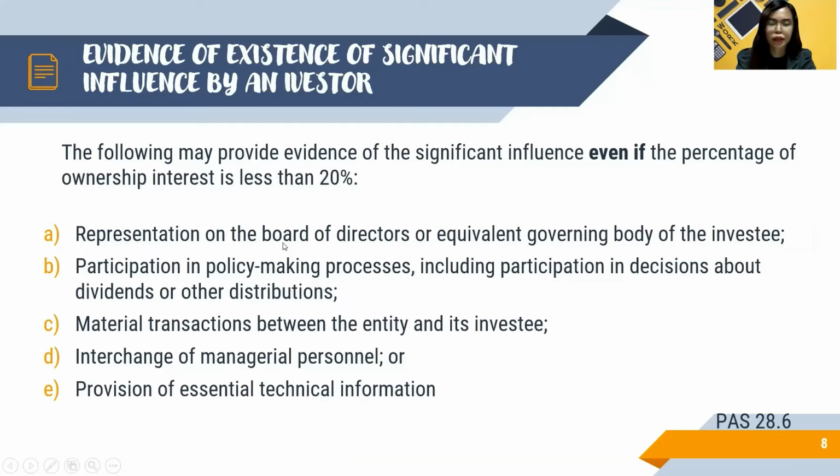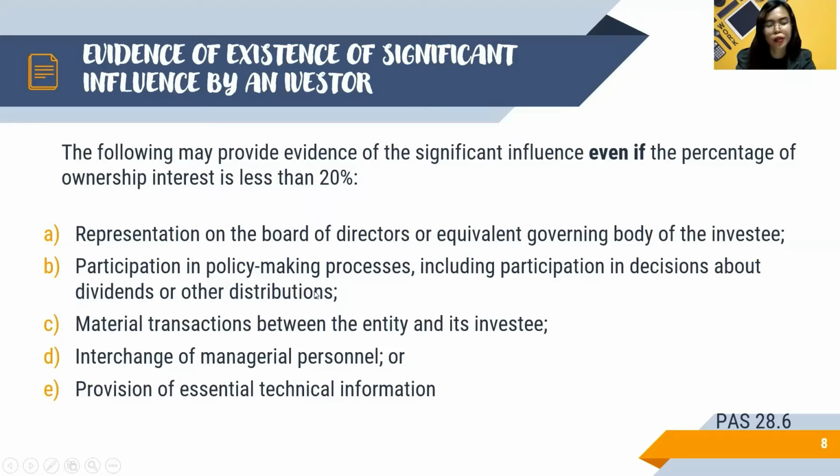So what are these indicators? So PAS 28 under paragraph 6 provides the evidence of significant influence existence even if the ownership is less than 20%. So letter A, representation of the board of directors or equivalent governing body of the investee. Meaning, part ng board of directors ni investee, si investor. Letter B, participation in policy-making processes, including participation in decisions about dividends or other distribution.